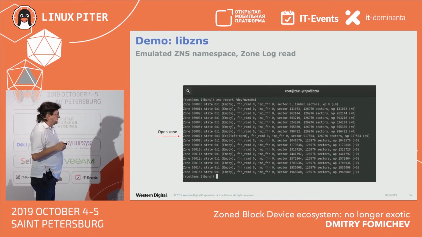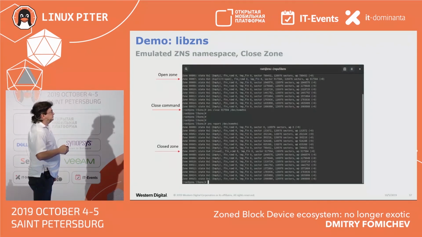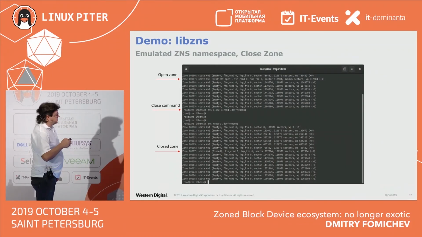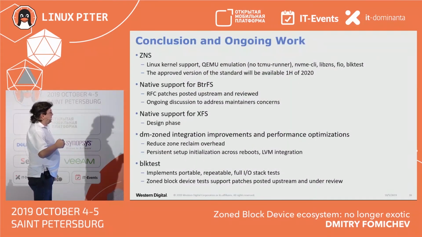It shows the zone report, and you can see one of the zones is opened. And this is the continuation. See, I closed the zone here, it's the same zone, I think. Yeah, and now it's closed. So that's pretty much how it works.